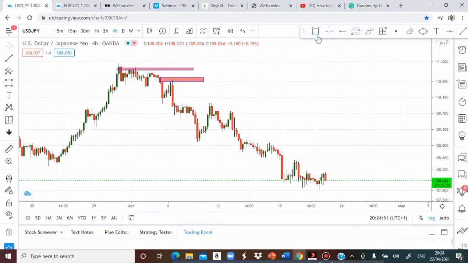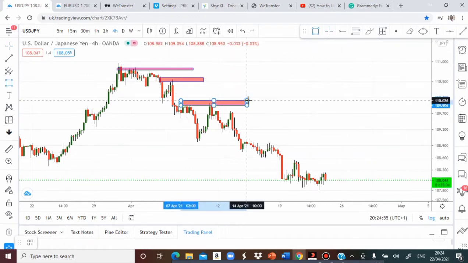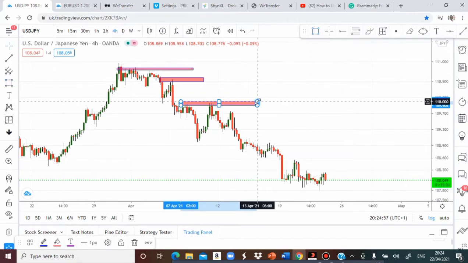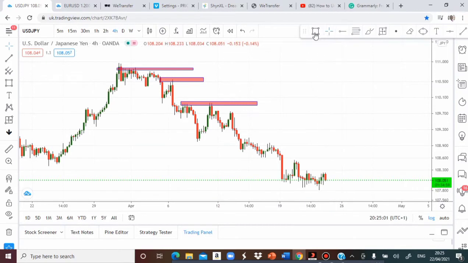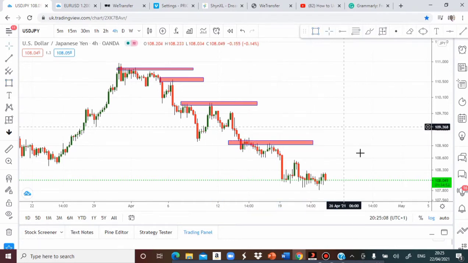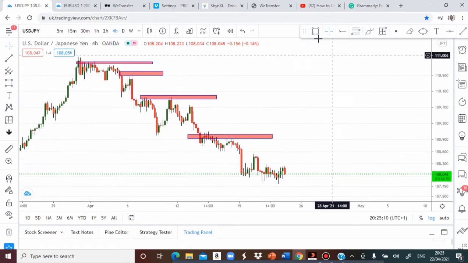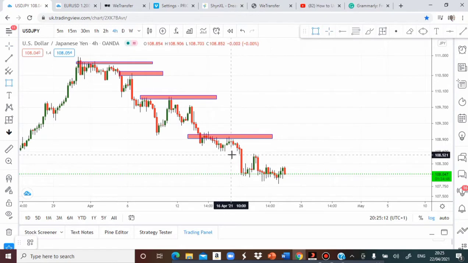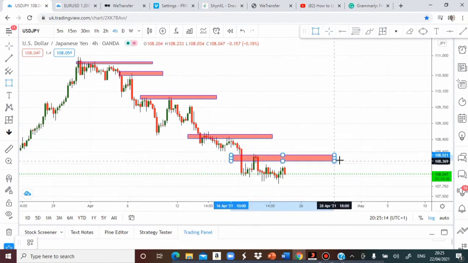You know that it is a downtrend. This is a clear downtrend. So what do you do? You look for opportunities to sell. You don't need somebody to tell you. You don't need an indicator to tell you that this is indeed a downtrend.